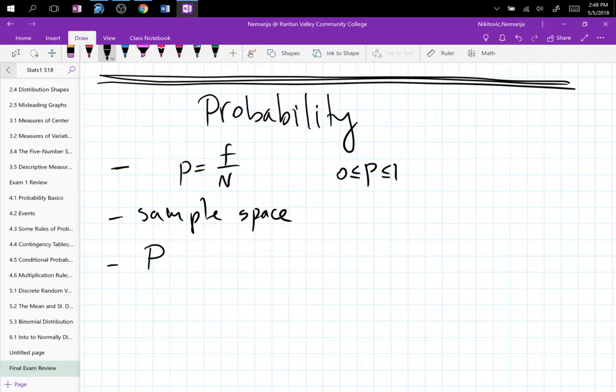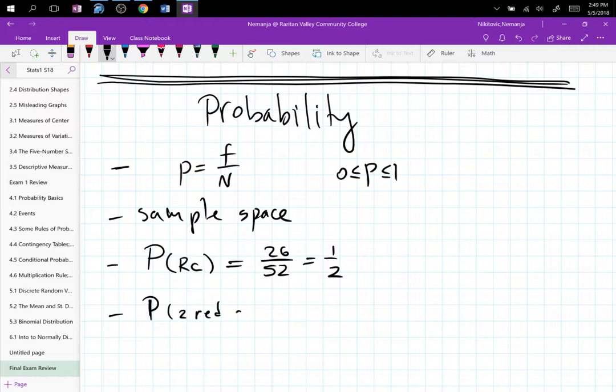So now, what is the probability to pick a red card? It's going to be 26 out of 52, and that's 1/2. But now the question is, what is the probability to pick 2 red cards, without replacement? We have to specify no replacement, so we know that to pick the first card, it's going to be 1/2, but to pick the second card, it's going to be 25 over 51.